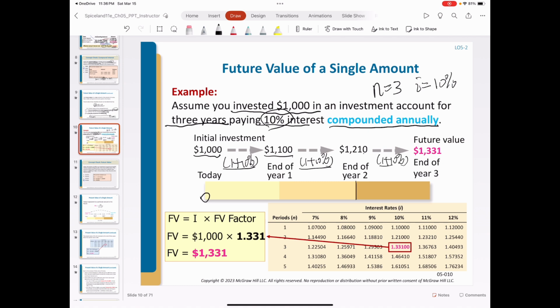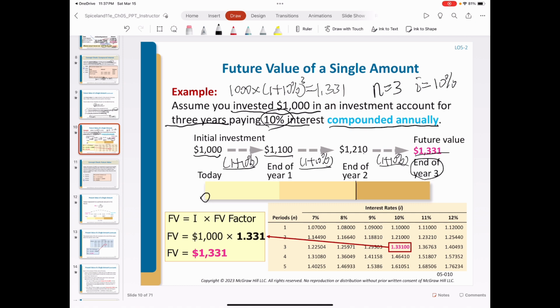One more year. So the future value at the end of year 3 is 1,331. Or you can just simply use 1,000 multiplied by (1 plus 10%) cubed. This will be $1,331 after rounding.